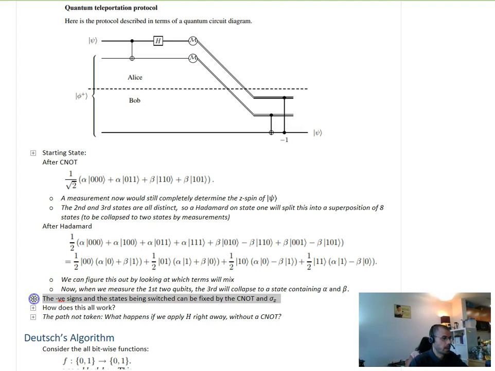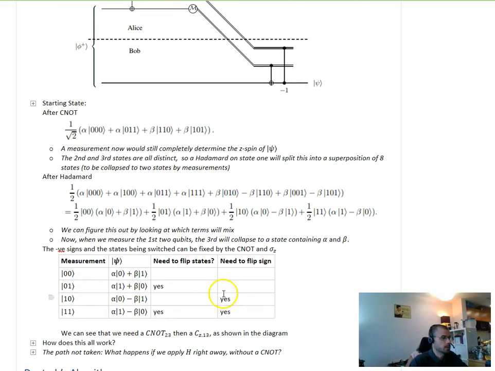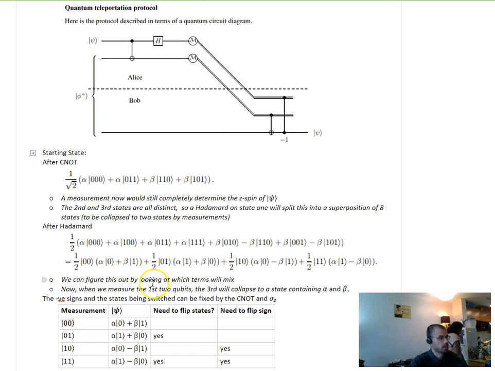Cool. And then, I was just going over here. If the first 2 qubits collapse to this measurement, 0, 0, then this 3rd qubit, actually I shouldn't call this psi. We want this to end up being psi, but this is really qubit 3.